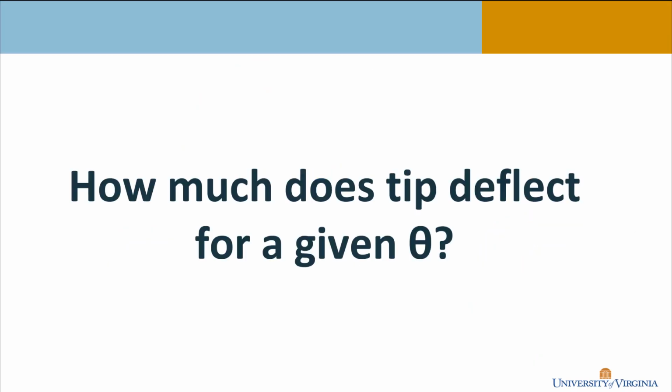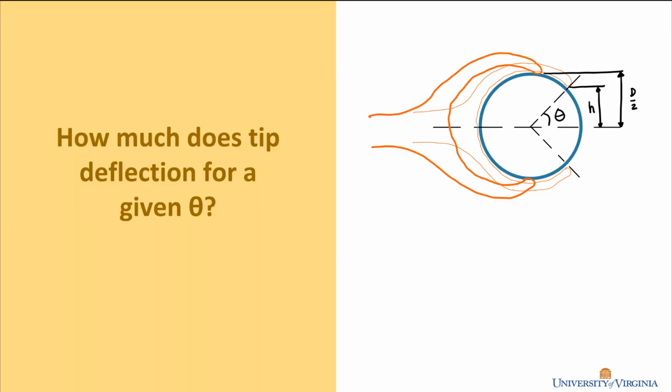How much? Can we determine how much the tip has to deflect for a given theta? In this case, we're going to turn to just geometry and trigonometry, identifying this triangle from the drawing above. You can see that for an angle of theta, the hypotenuse is the radius of the blue circle, which is the diameter divided by 2.